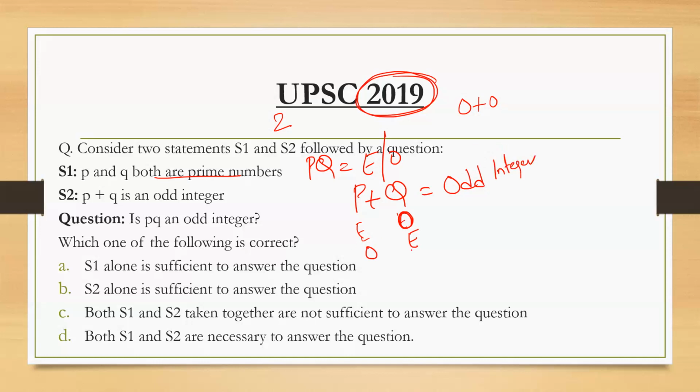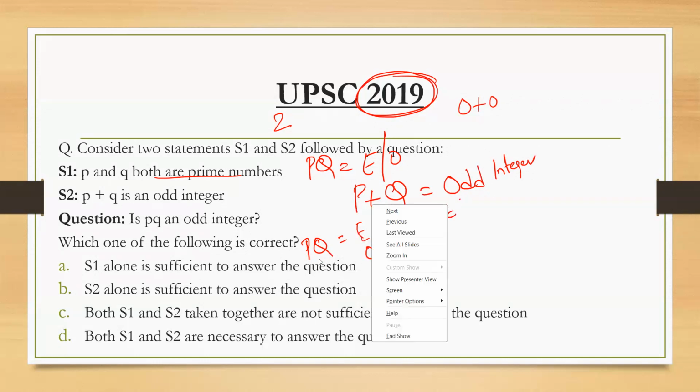Till here, is it fine, everyone? There are only two possibilities. So what can I say about the nature of PQ? PQ will be a multiplication of an even and an odd number. What will be the result? Even into odd will give me even.